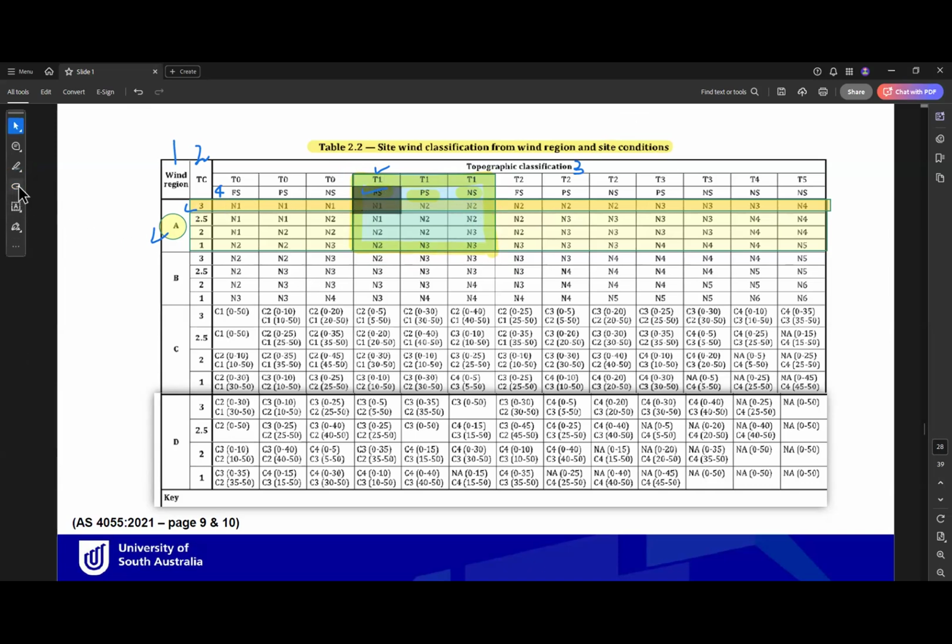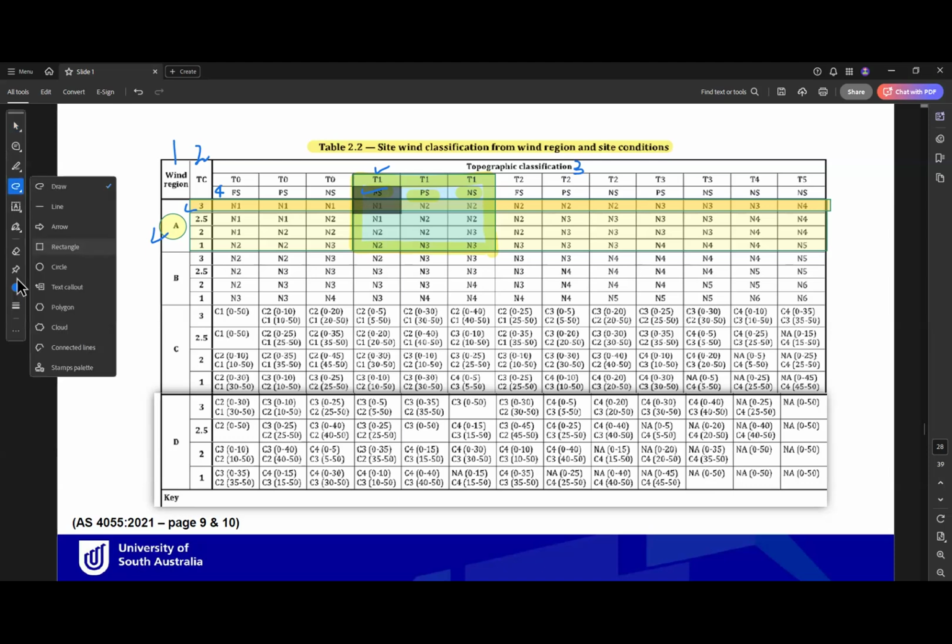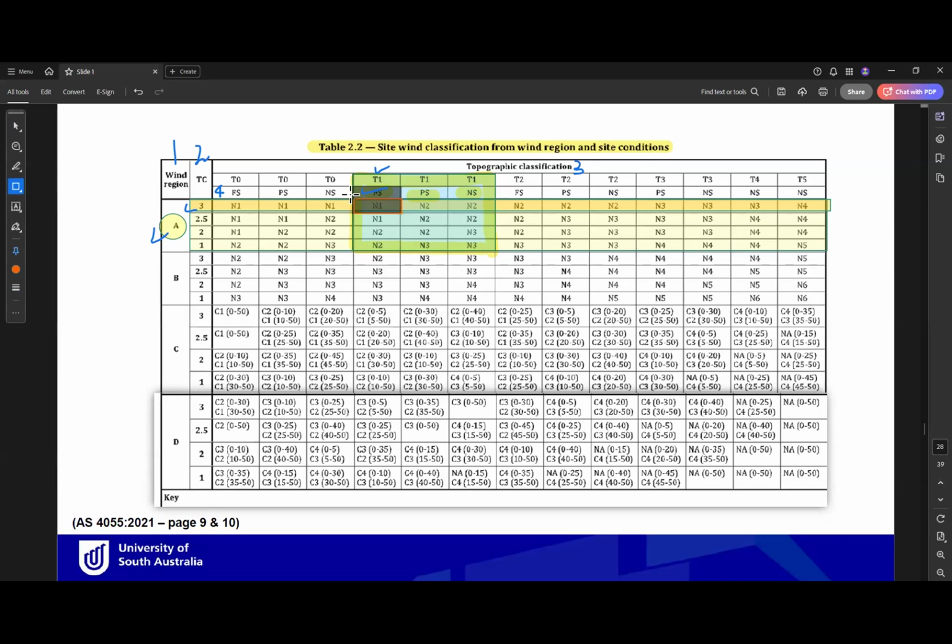So what is the final class? The final class is N1.